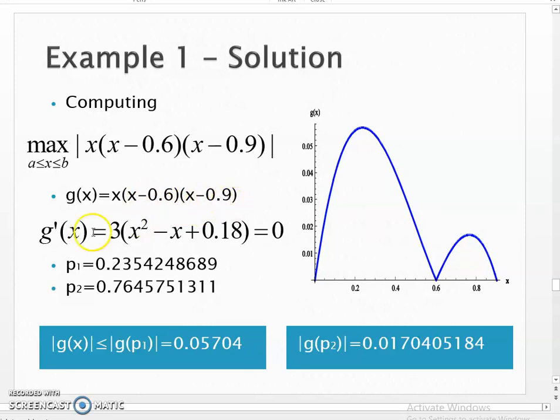The g prime of x will be given by 3 into x squared, if you open this together, minus x plus 0.18, and this becomes equal to 0. Therefore, our interpolating polynomial in this function will be given by p1, which is 0.23 up to that, and p2. And this is exactly the solution to this question.